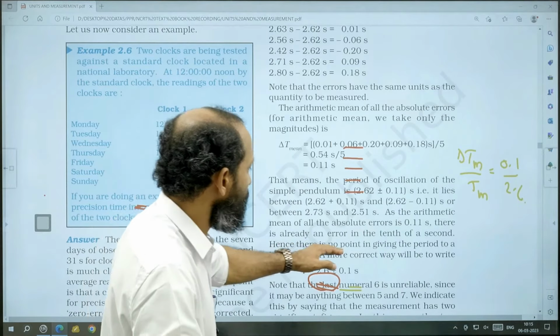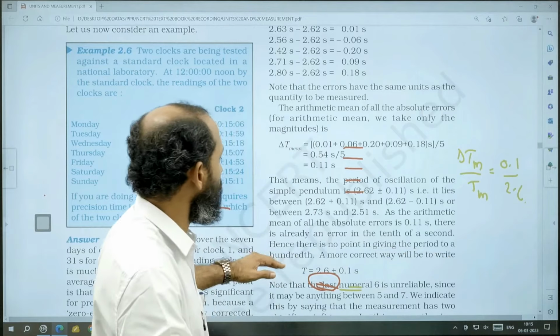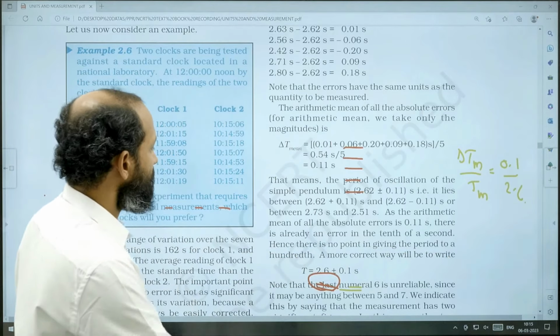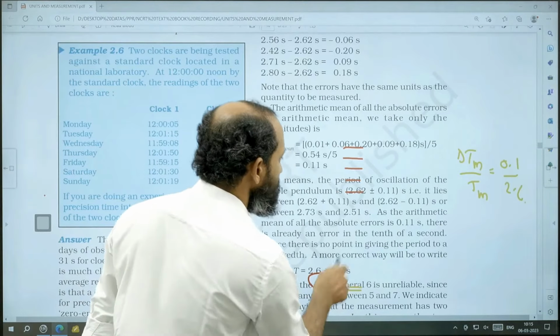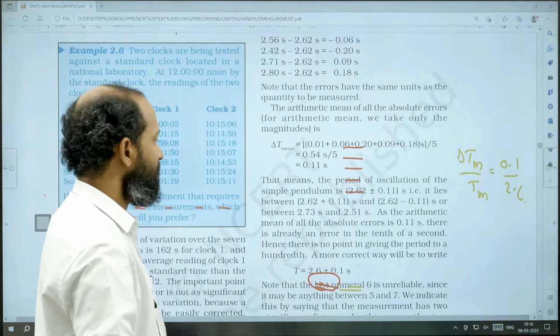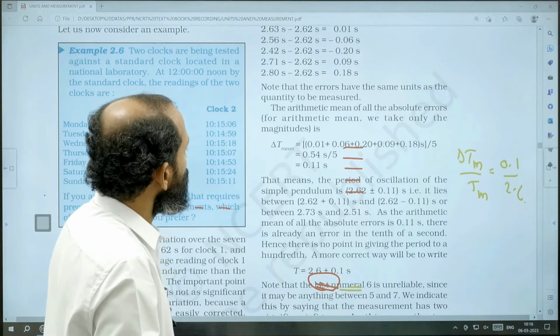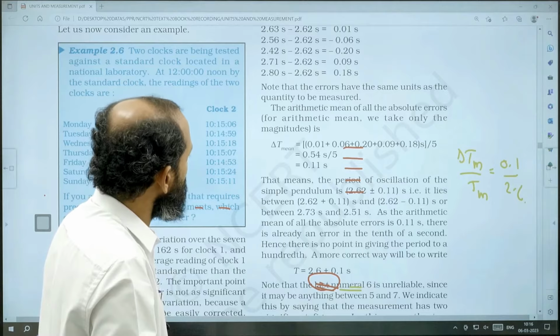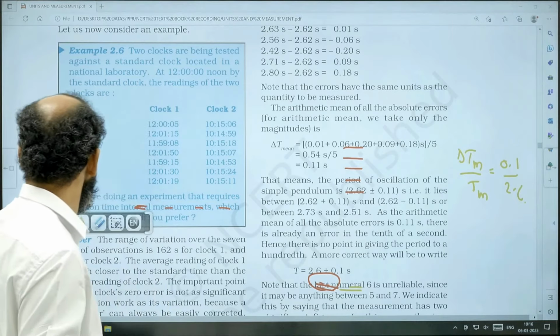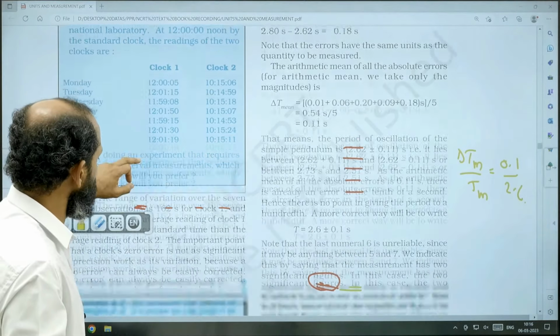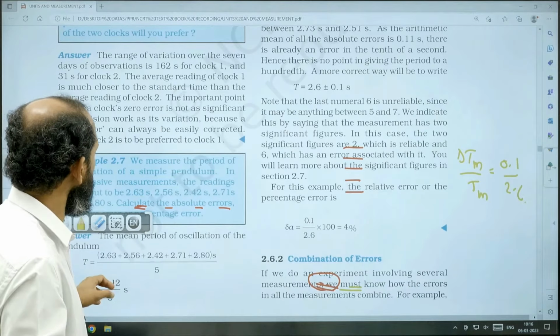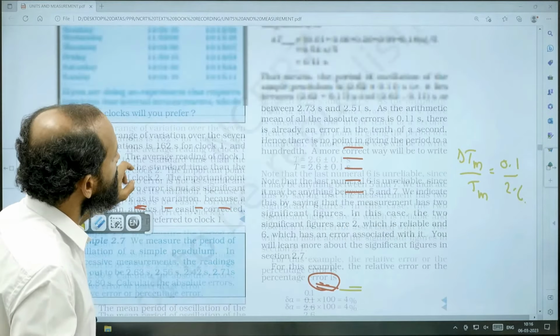Hence there is no point in giving the period to the hundredth. That's why it is written as 0.1 seconds. So while expressing the final result, you can only express it as 2.6. The arithmetic mean is taken as 2.6, not to the next digit.